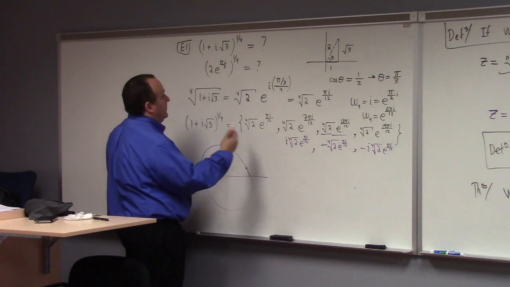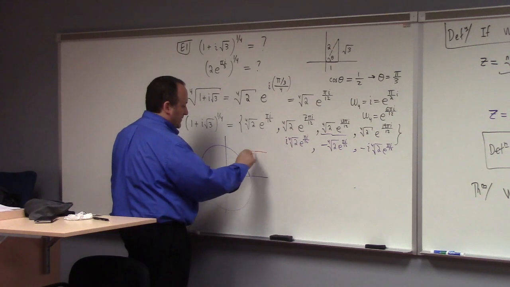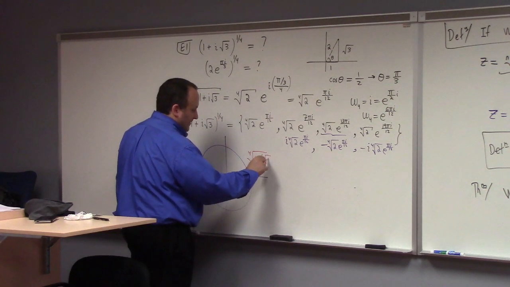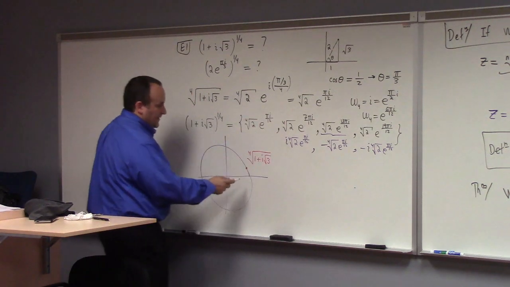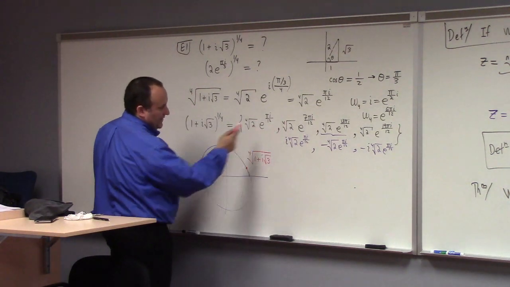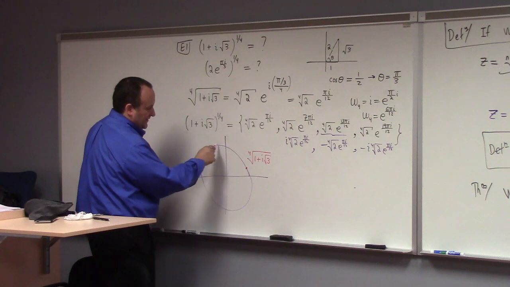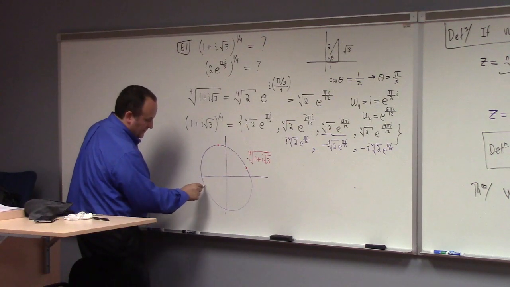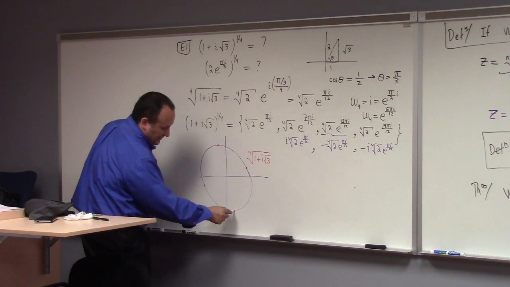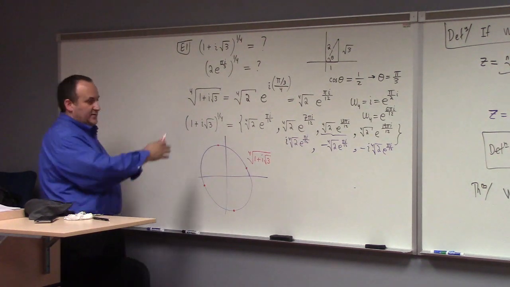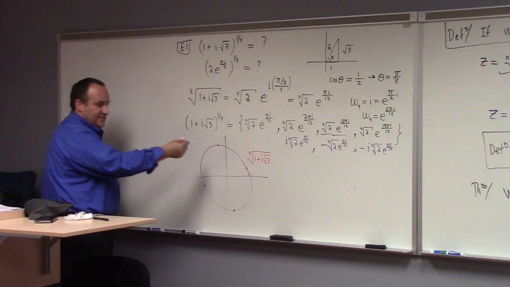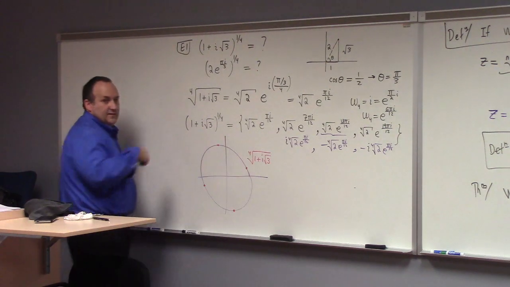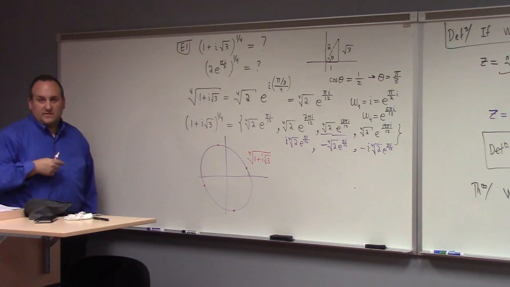That's the principal 4th root of 1 plus i root 3, right there. And then you're up to 7 pi over 12, so that's like here. And then the next one is like here, and the last one is like here. Those are where those numbers are. They're symmetrically situated around the origin.